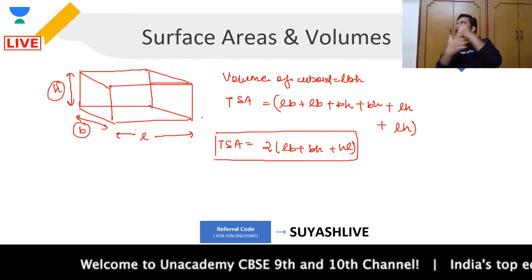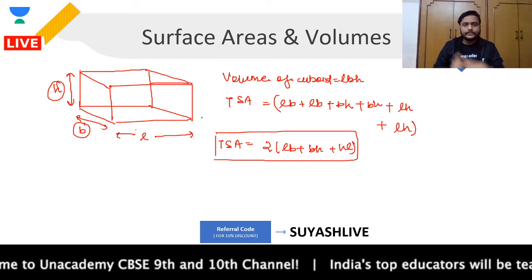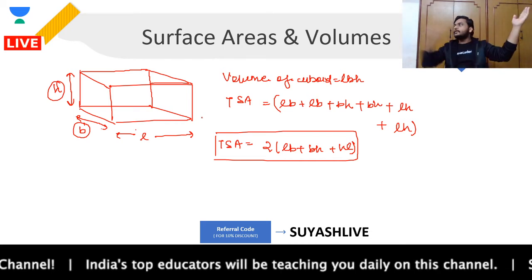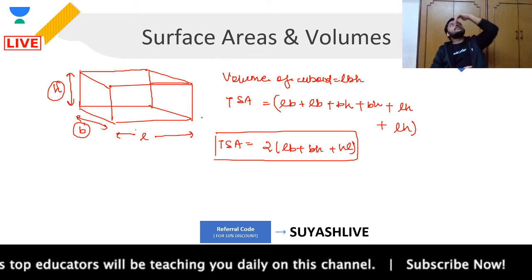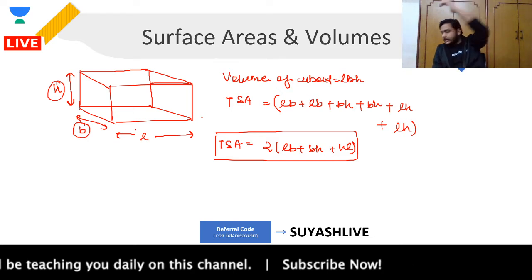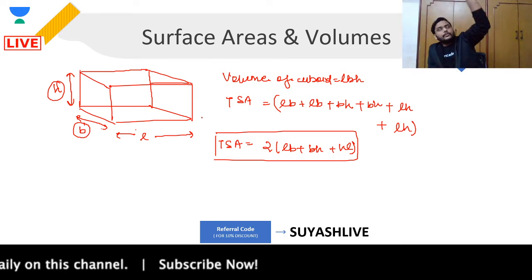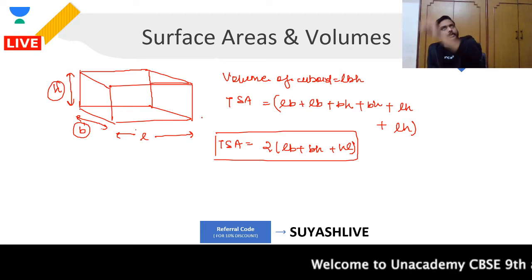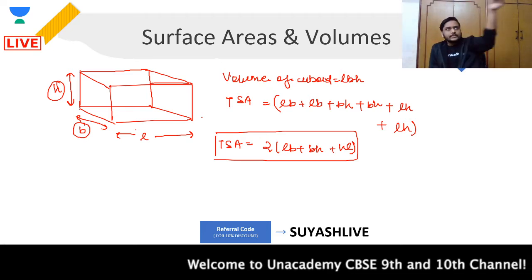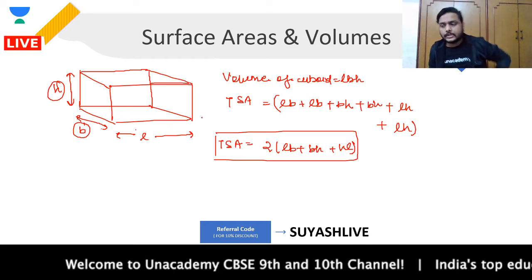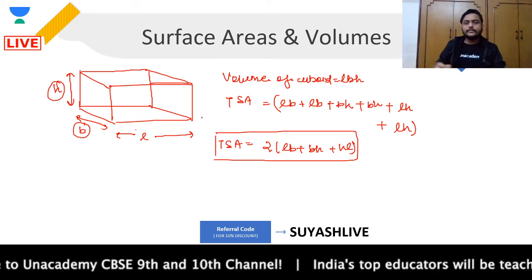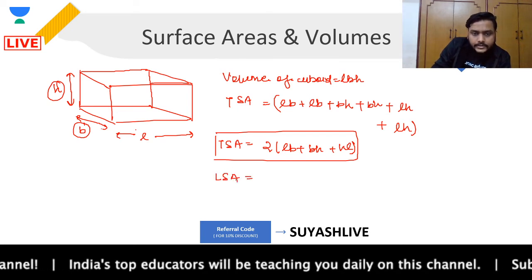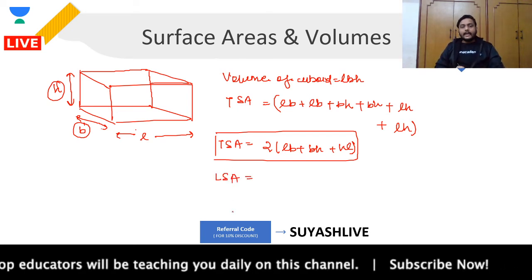And if you just look around that room, you can clearly see that in that room you are having 4 walls, 1, 2, 3, and 4. And you are having the roof, that is what we call ceiling, and you have the floor. So if you just remove the ceiling and the floor, then you are having 4 walls. When you simply talk about the area of these 4 walls, that is what we call lateral surface area.